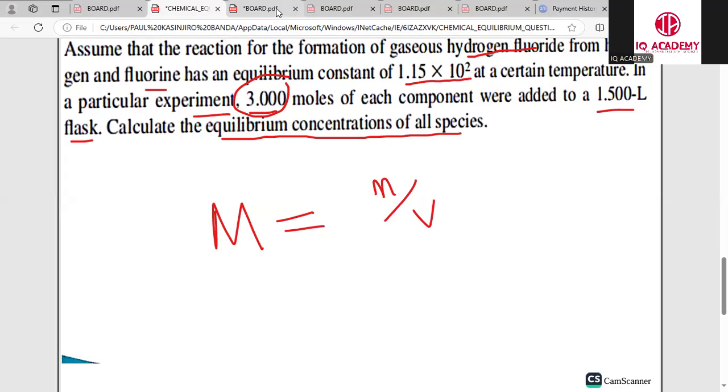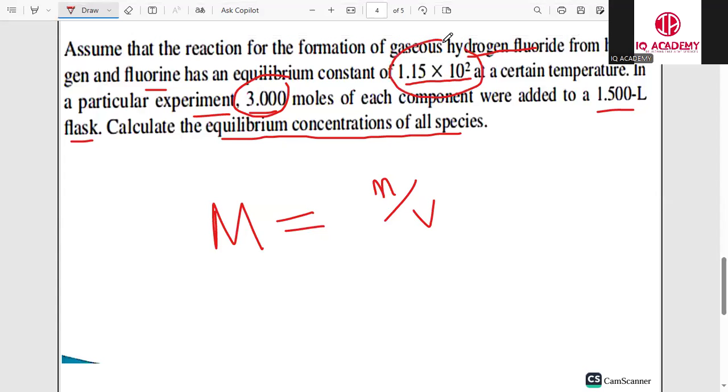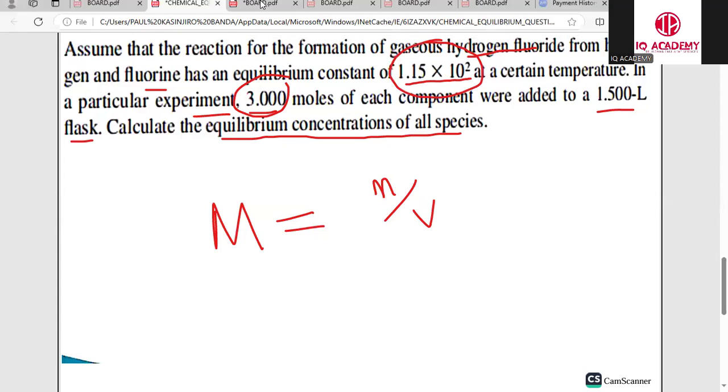So this is the value of the equilibrium constant, 1.15 multiplied by 10 to the power 2.